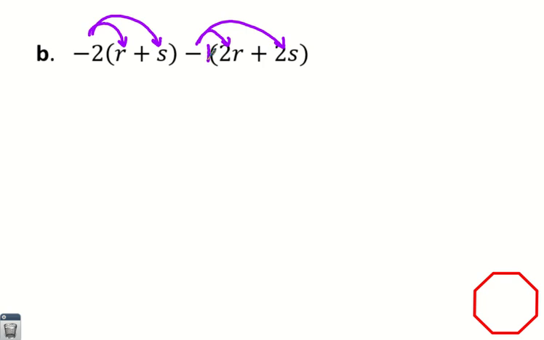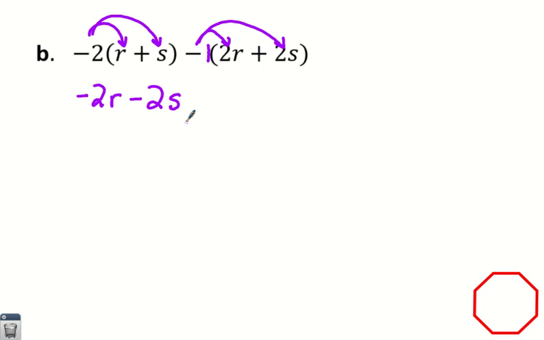And so negative 2, and now remember, distributing is multiplying. So negative 2 times r, well, that's just negative 2r. And then negative 2 times positive s, that's going to be negative 2s. All right? Remember, this is one of those moments where you really have to write neatly, because if you're not careful, s's can look like 5s real fast.